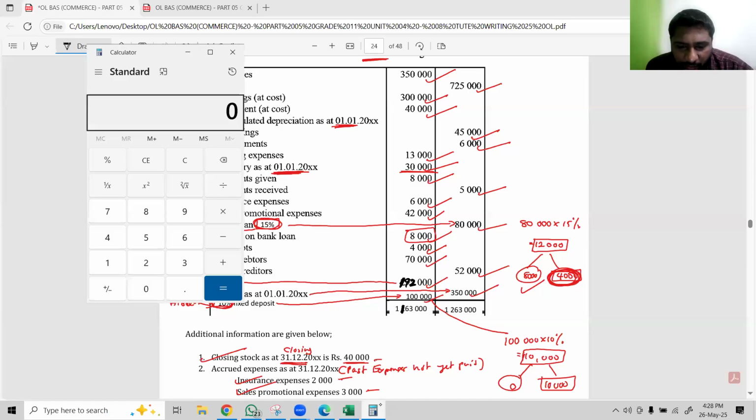Let me check data before doing the change. 350 plus 300 plus 40 plus 13 plus 30 plus 8 plus 6 plus 42 plus 8 plus 4 plus 70 plus 192 plus 100. Yes. Debit side total is coming to 1163.